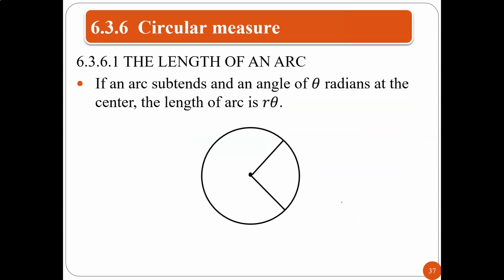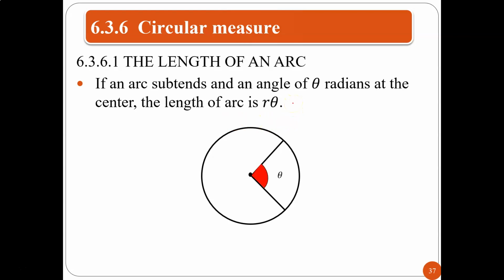So this is another subtopic, circular measure. Of course in a circle, you're going to find the circular measure, the angle. First, the length of an arc, the circumference part. Length of arc. If an arc subtends an angle of theta radians at the center, the length of an arc is r theta.